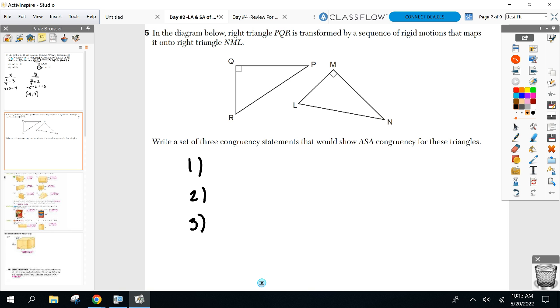This angle equals this angle, this side equals this side, this angle equals this angle, and it's angle, side, angle after you take a look at it.